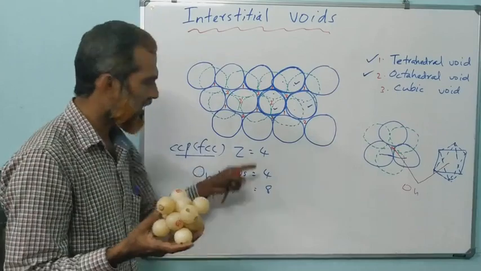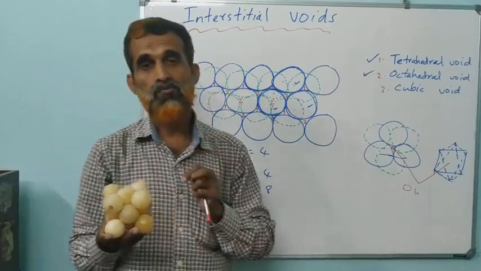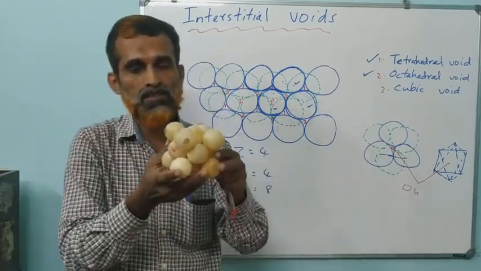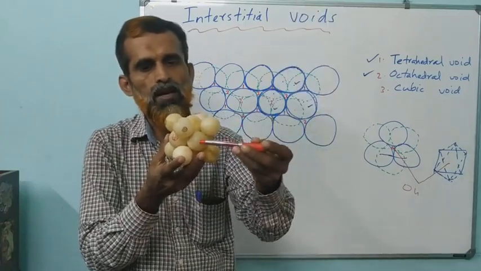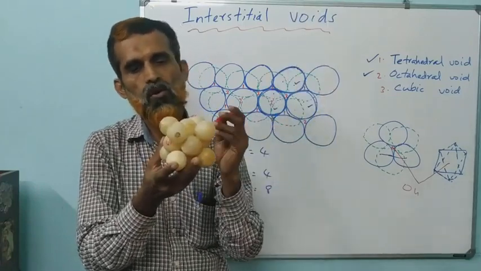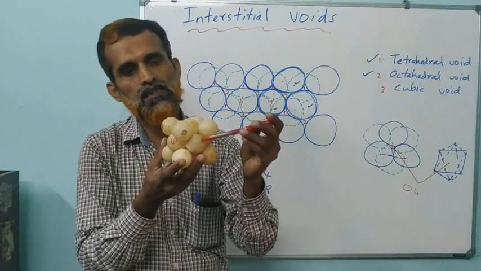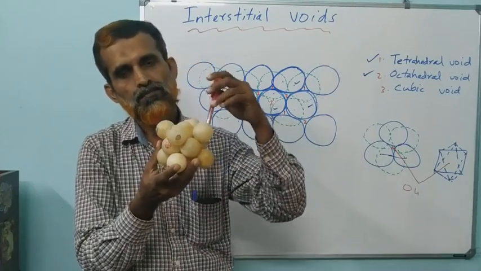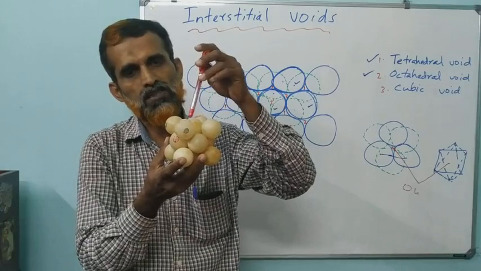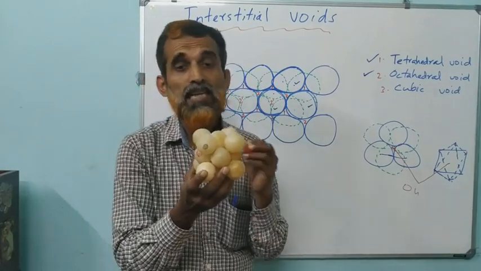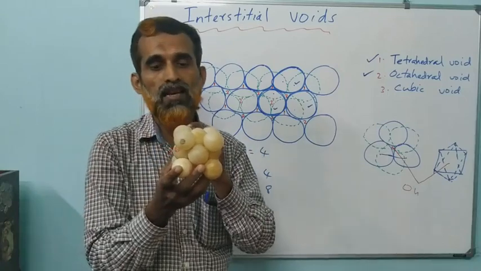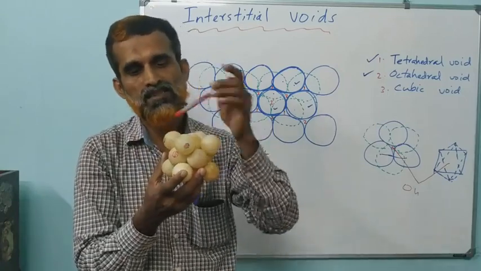Now coming to octahedral voids, there are 4 octahedral voids. To understand that, consider 1, 2, 3, 4. These 4 particles make a square, right? And 1 above this face center and 1 below this face center. So consider the face center particles, these 6 particles.